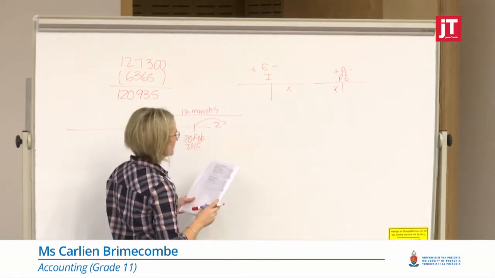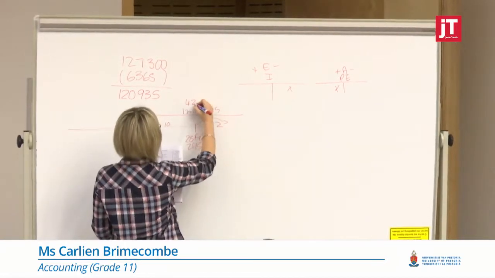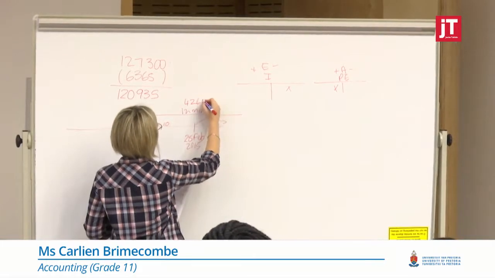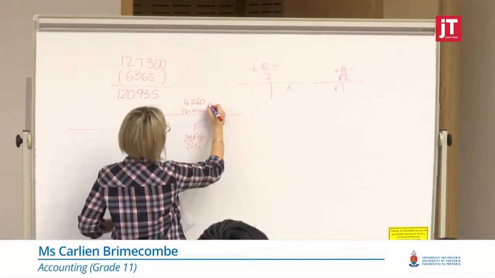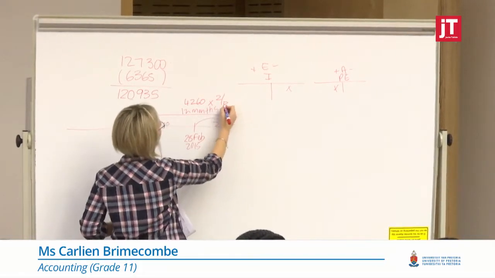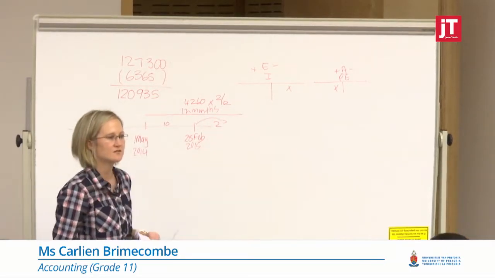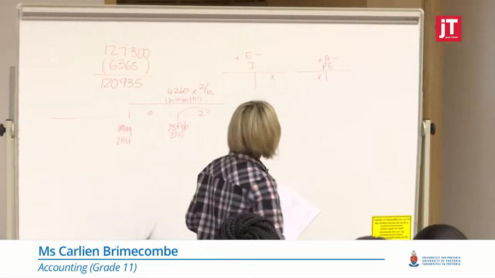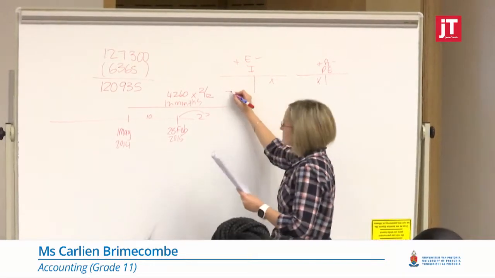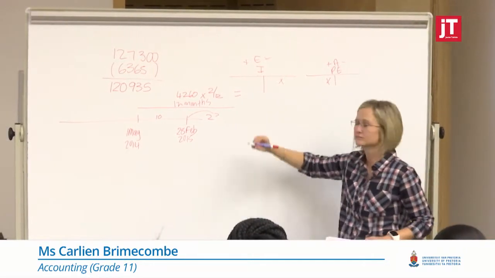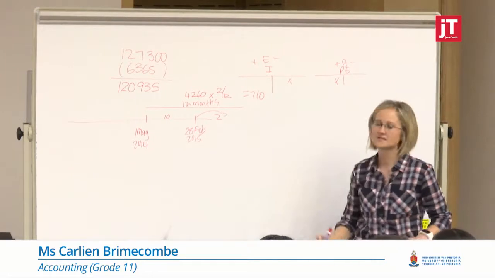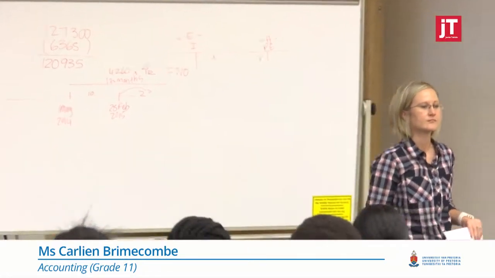So this insurance policy was 4,260 times 2 out of 12 months must be taken out. And that will be your prepaid expense, which is equal to 710. Okay.